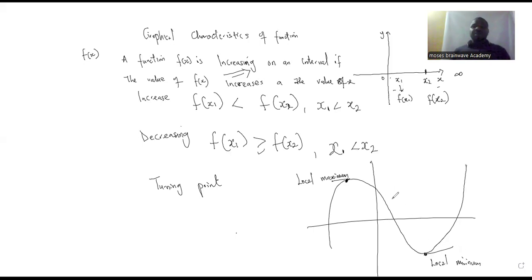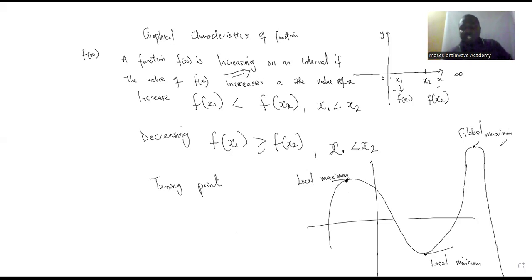Now, if I have this particular point, you see it is higher than the local maximum. Assuming this graph turns back to this point, then this place automatically becomes the global maximum.